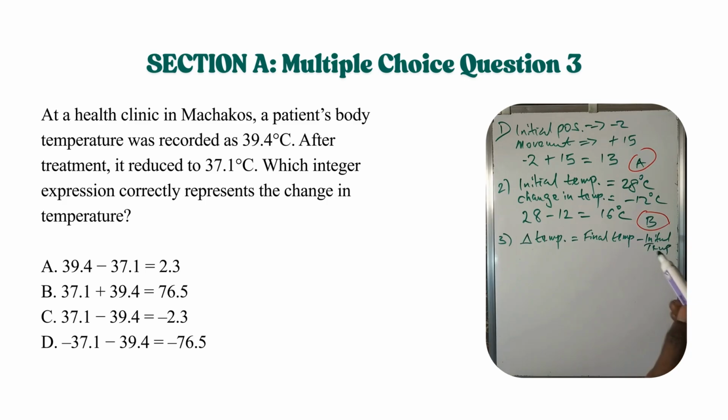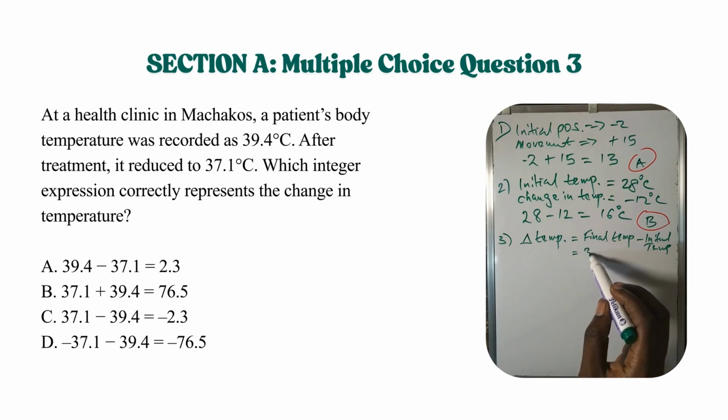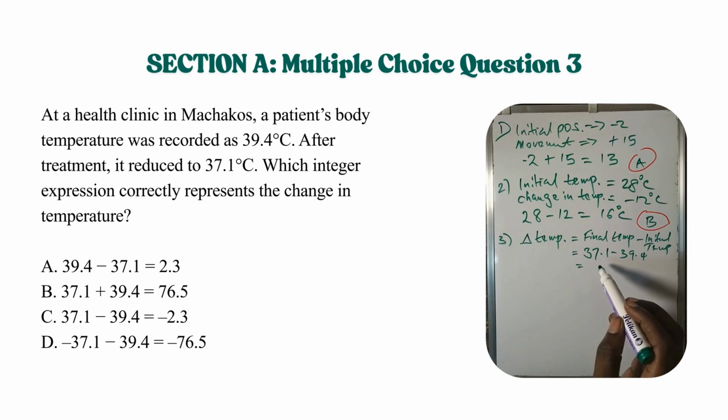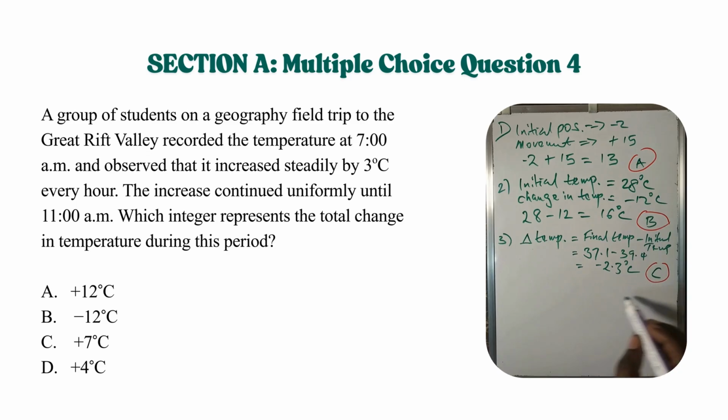Our calculation will be 37.1 minus 39.4, and that gives us negative 2.3 degrees Celsius. From the choices, that is choice C. So the answer is choice C.